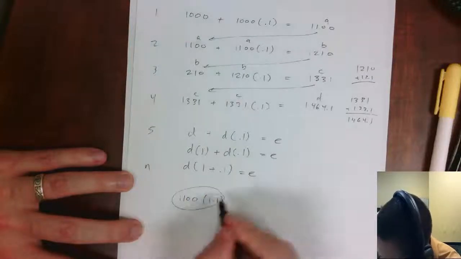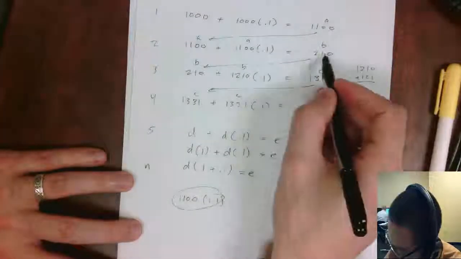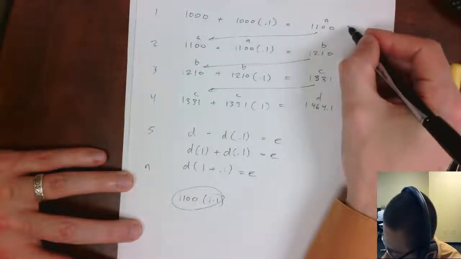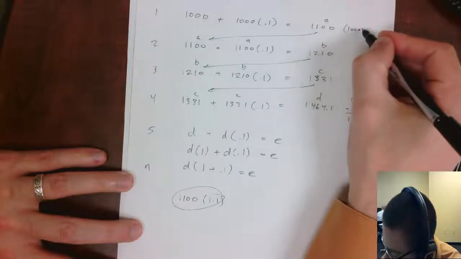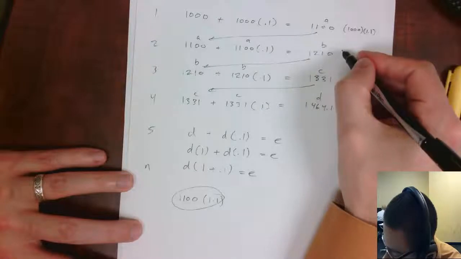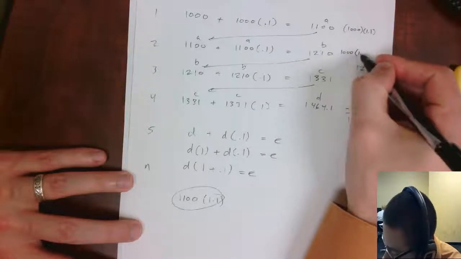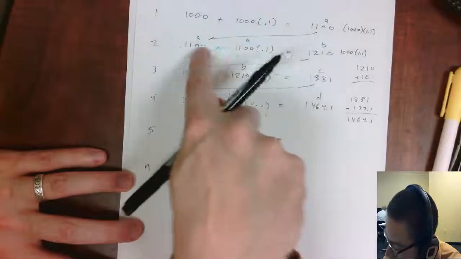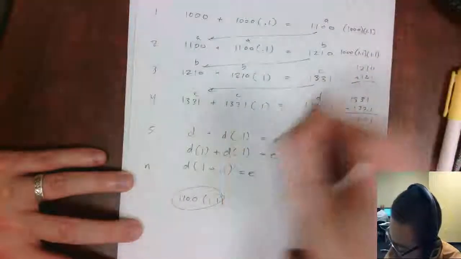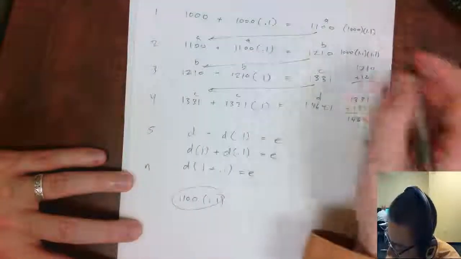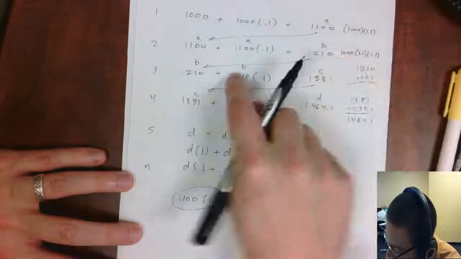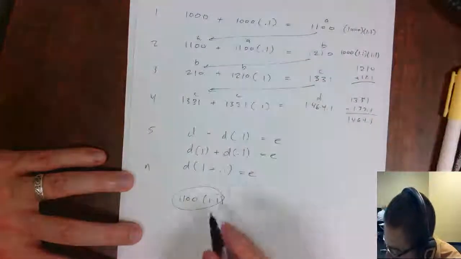And then I take this value and I plug it into the next one, which was 1,210. So this is actually equal to 1,000 times 1.1. And then I multiplied that value times 1.1 again. And then I multiplied this value times 1.1 again. So you can see that each time I'm multiplying by 1.1.